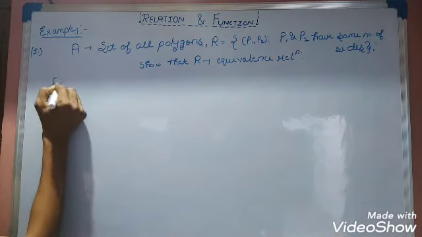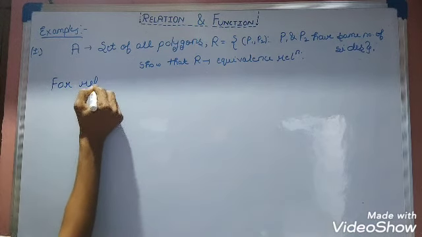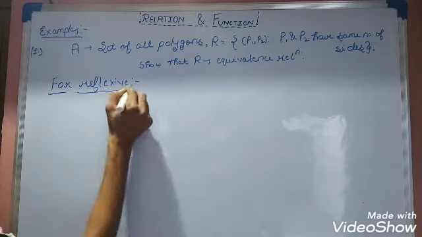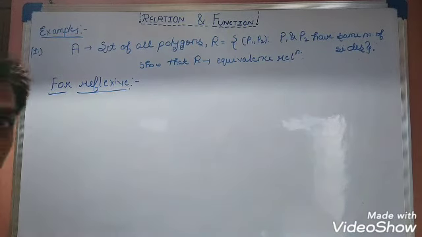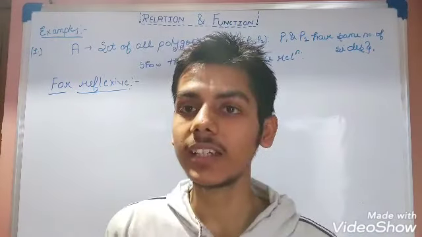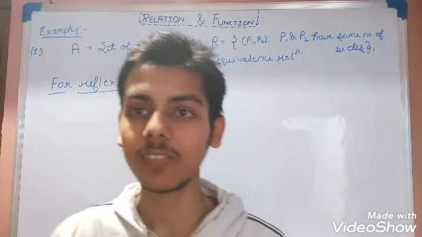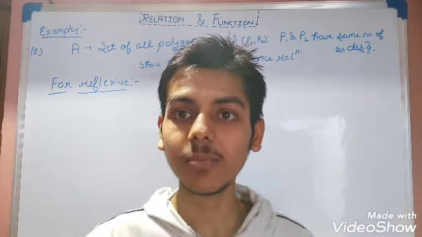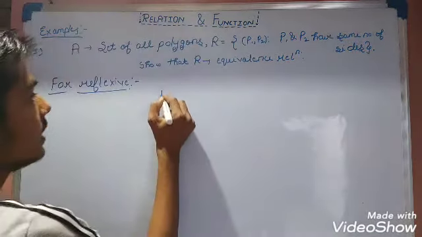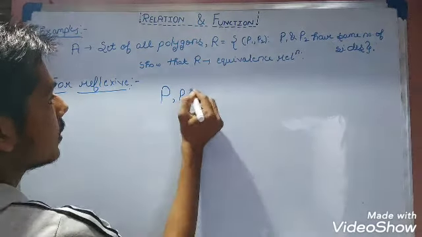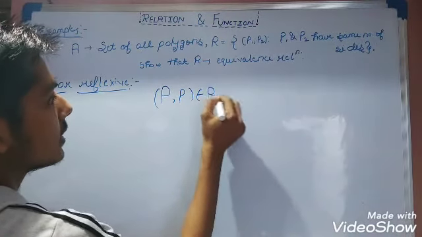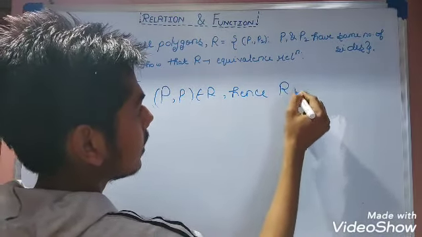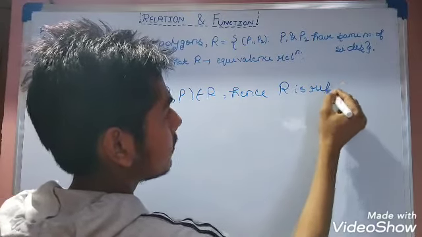For reflexive, we know that a polygon is related to itself, and hence the number of sides of the polygon remains the same. So (P, P) belongs to R, hence R is reflexive.